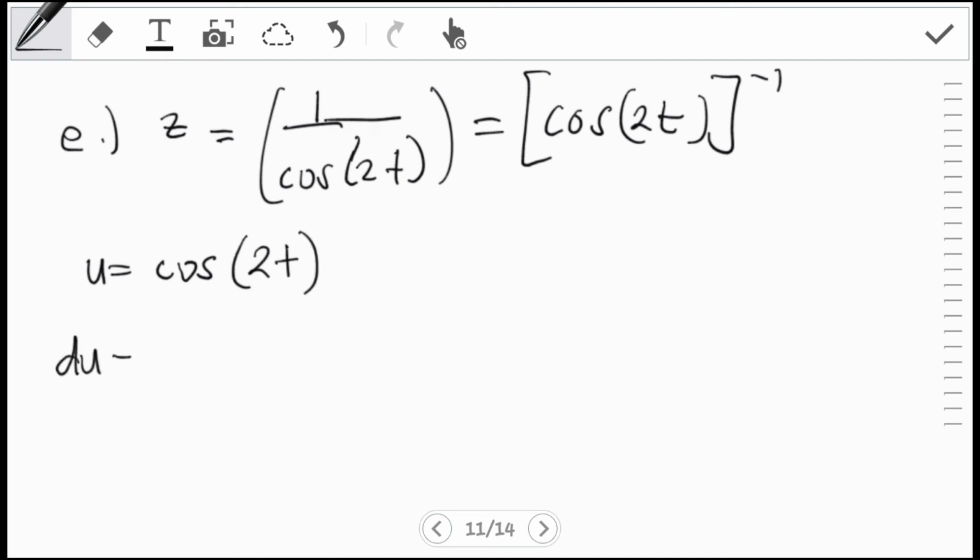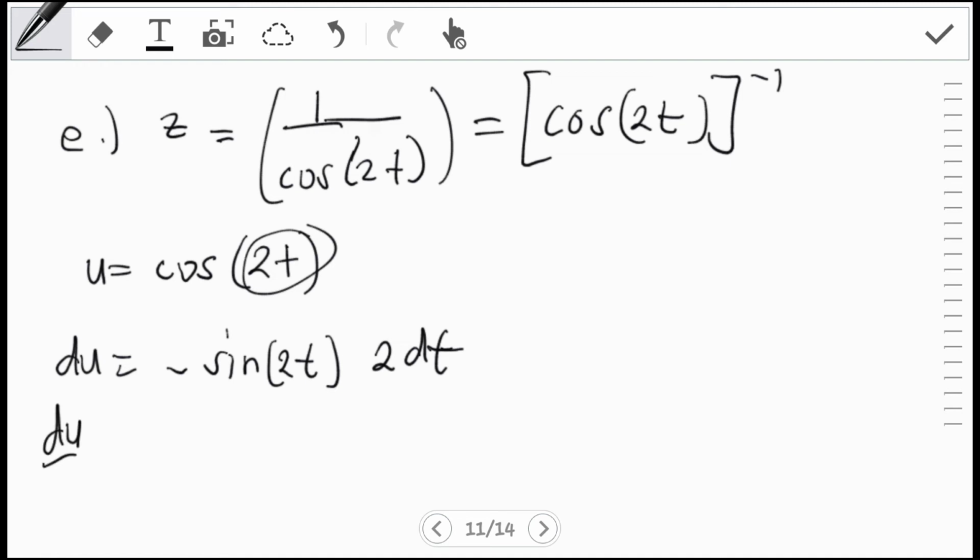Where du, the derivative of cosine 2t, that is negative sine 2t, then applying the chain rule, which is the derivative of 2t, that is 2 dt. So where du over dt, that is equivalent of negative 2 sine 2t.